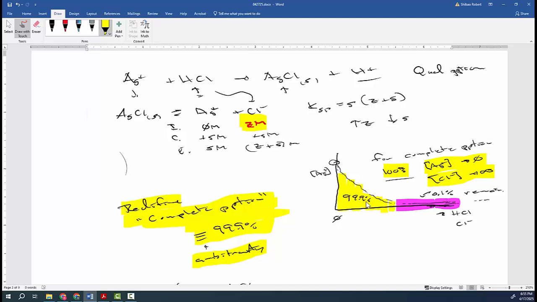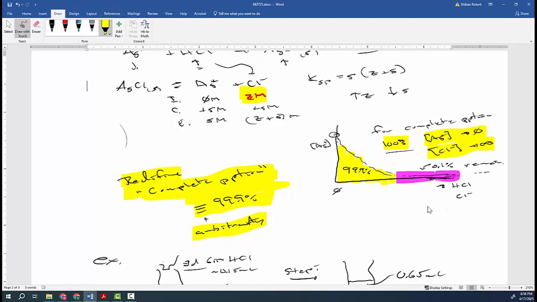It's not 99.99 or 99.95, something like that. This is 99.9%, an arbitrary set point here. But what that does is it leaves a minimum amount of residual, and that's going to be complete. To be truly complete is not feasible because of this infinite amount that's required here.